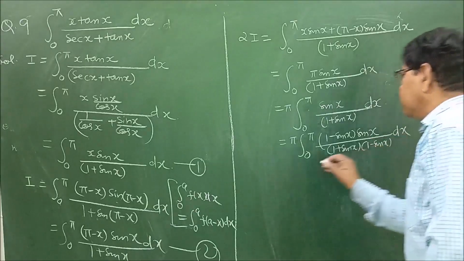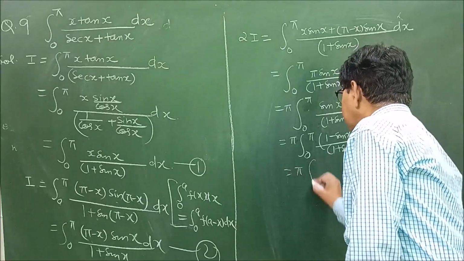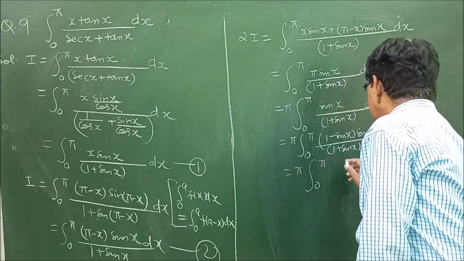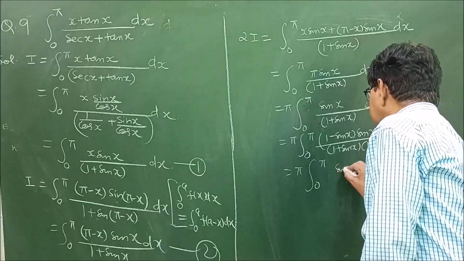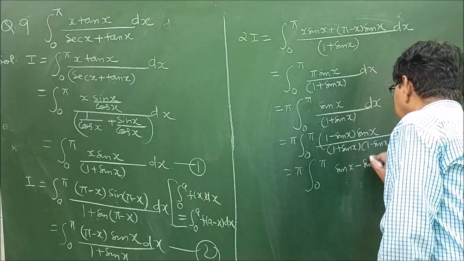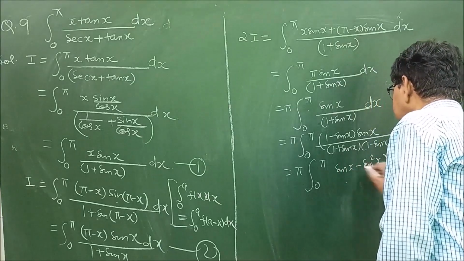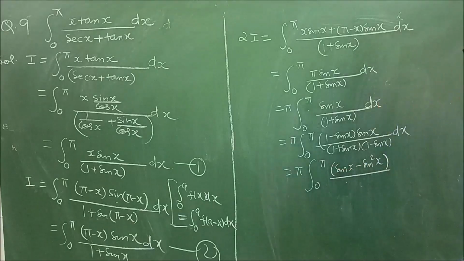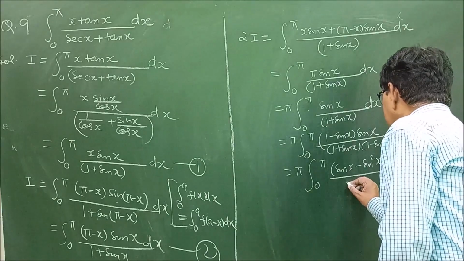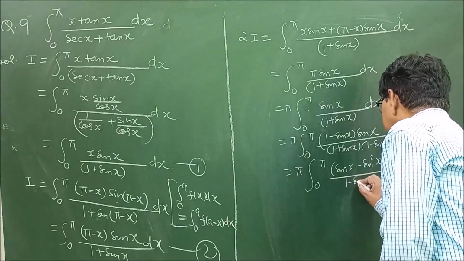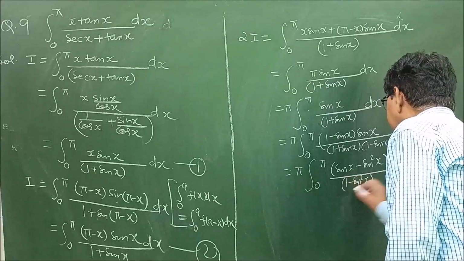So this is equal to pi into 0 to pi, sin x minus sin square x upon 1 plus sin x into 1 minus sin x, which is equal to 1 minus sin square x, that is cos square x, dx.